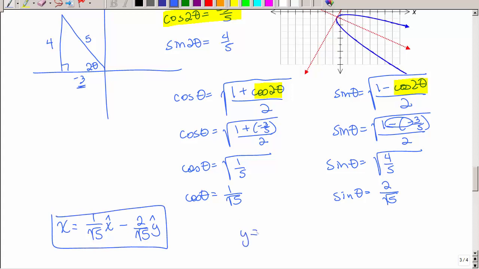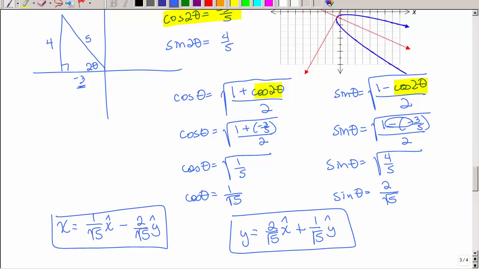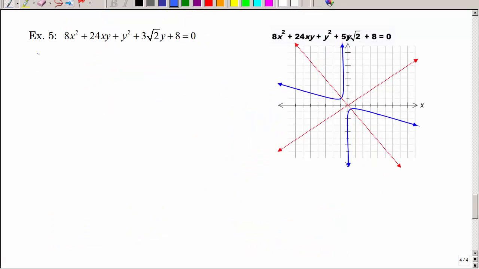And then my y is equal to the sine plus the cosine. So those are your rotation formulas using exact values, drawing a triangle, and using some half-angle identities from a long time ago. Let's just practice that process one more time with example 5.